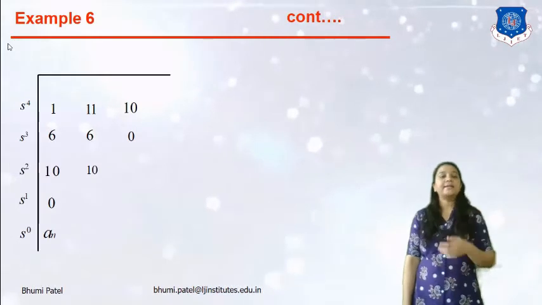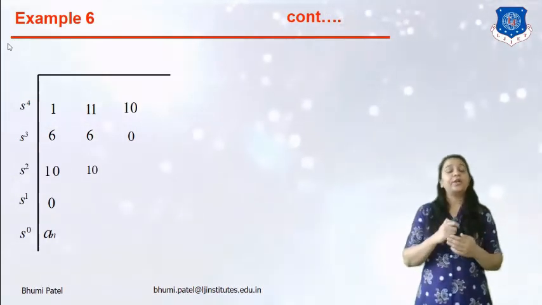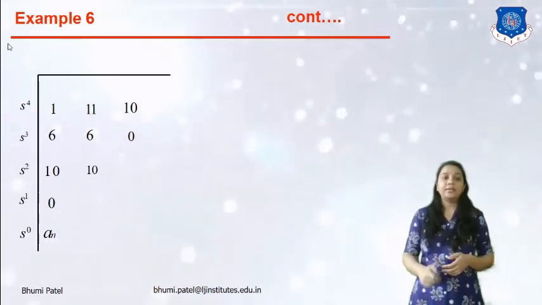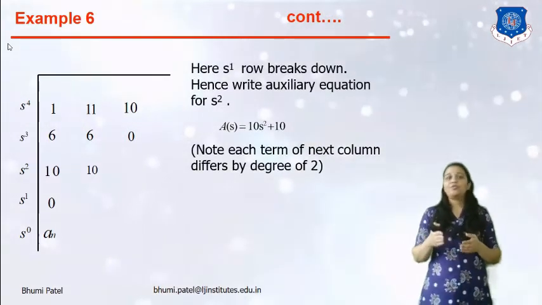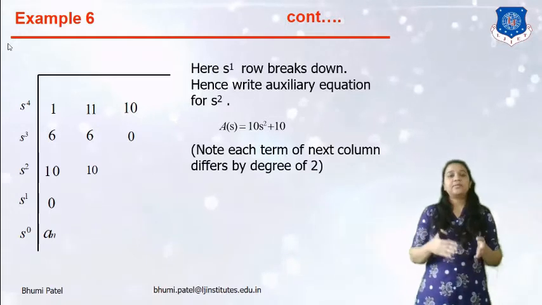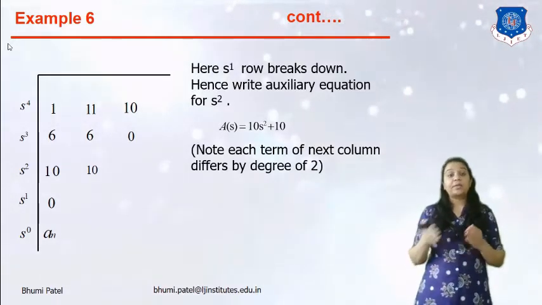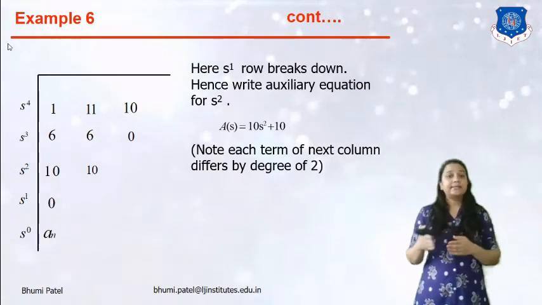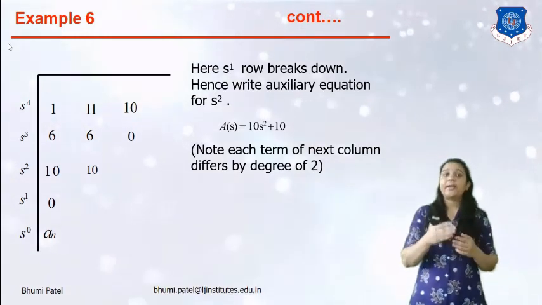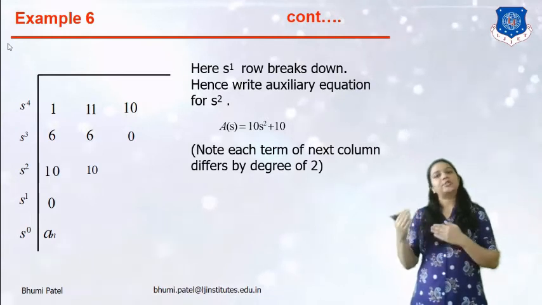So for our example, the s raised to 1 row is 0, so we consider the s square row. So here the s raised to 1 row breaks down. Hence we write the auxiliary equation for the s square row, and the equation will become A(s) equal to 10s square plus 10s raised to 0.